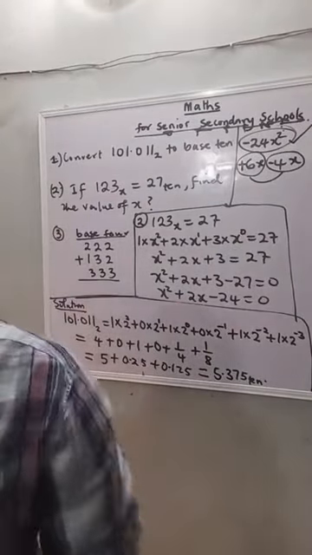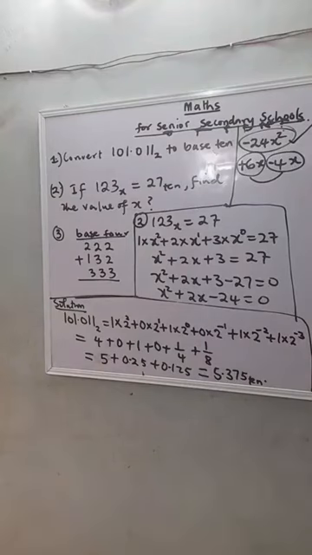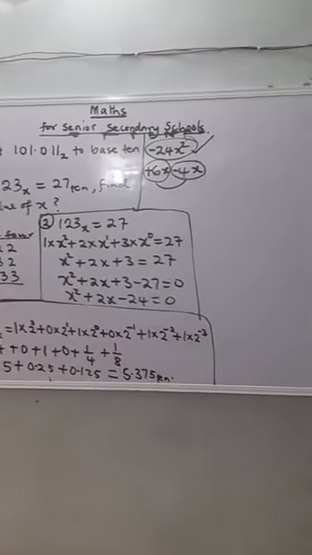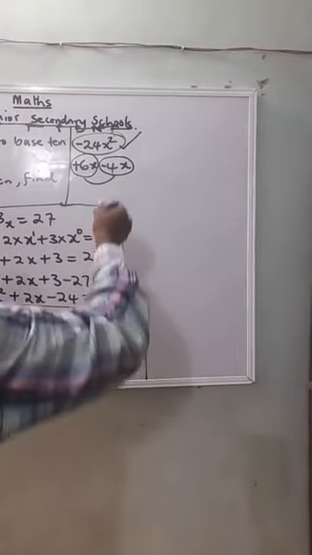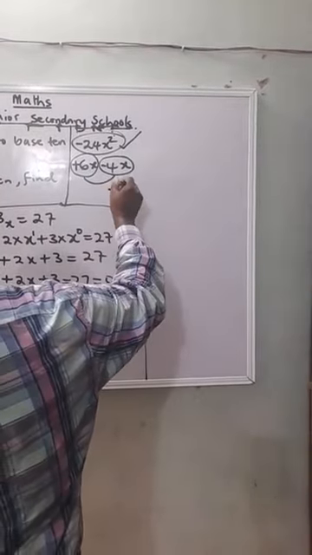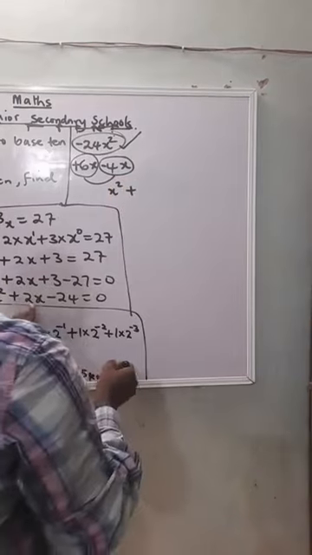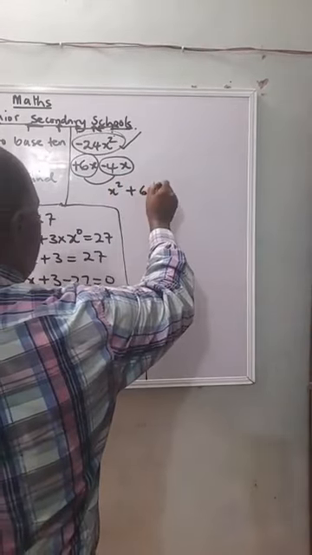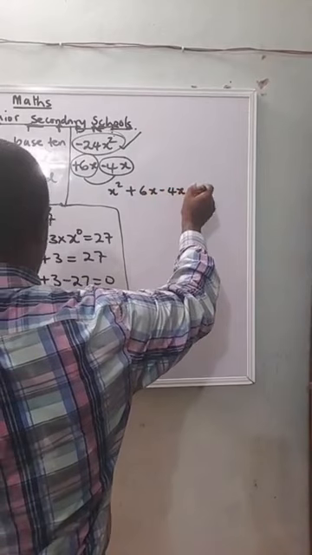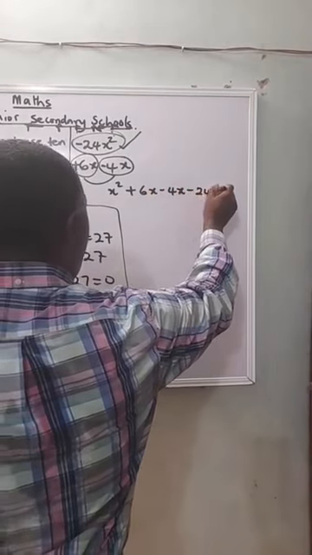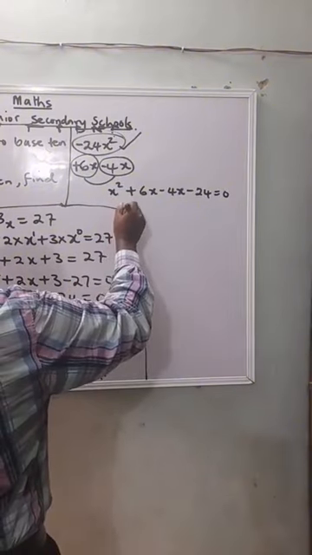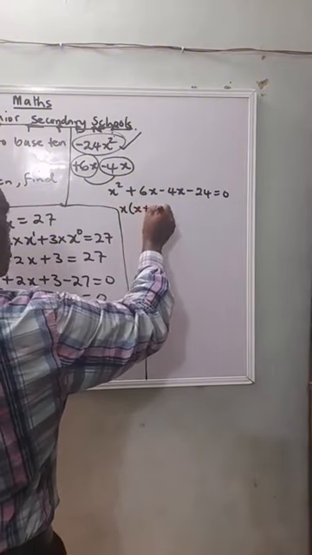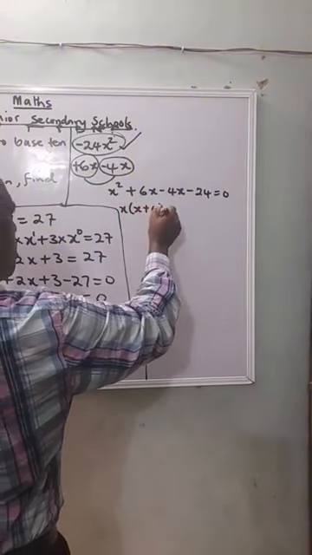Then I can start factorization. We replace the 2x with the factors: x squared plus 6x minus 4x minus 24 all equal to 0. We take them in twos. The first two, what is common is x: x times x plus 6, minus 4 times x plus 6, all equal to 0.